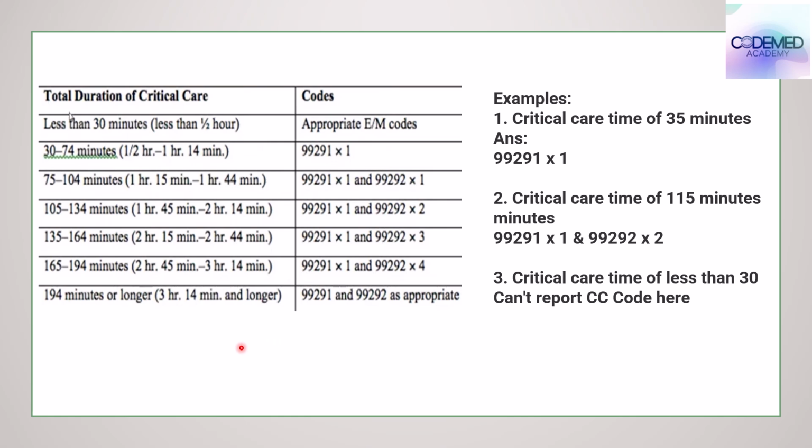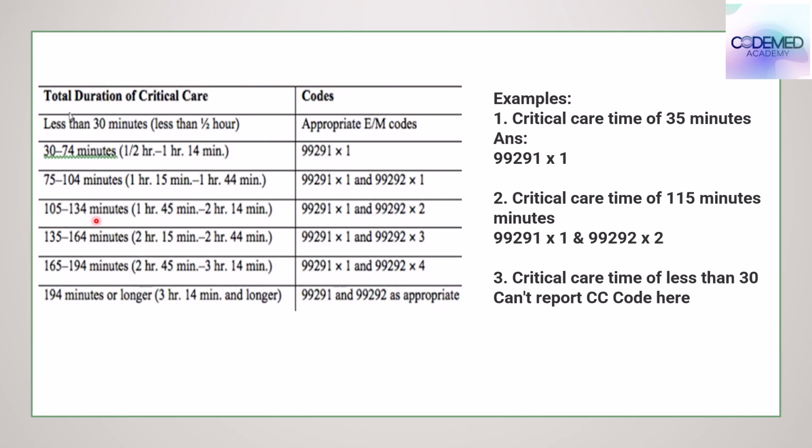Now let us take an example for your better understanding. Critical care time of 35 minutes. So the criteria is less than 30 minutes we don't count. But what is our time? 35 minutes. So it comes here in between 30 to 74. That means 35 is somewhere here. So I'm going to write 99291. Then let us take a second example, critical care time of 115 minutes.